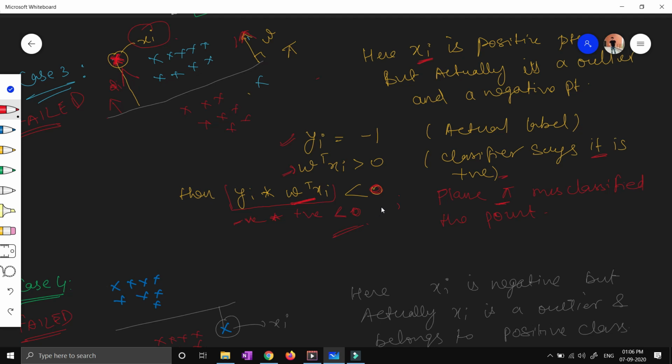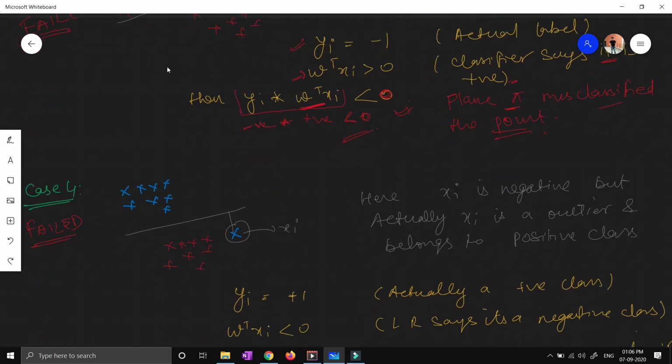And once it becomes less than 0, it means that my plane pi misclassifies the point. Plane pi misclassifies the point means my W value is wrong over here. Whenever my plane classifies something wrong, it means that my W and B values are wrong, because I create a plane or a line through W and B only. That's it.